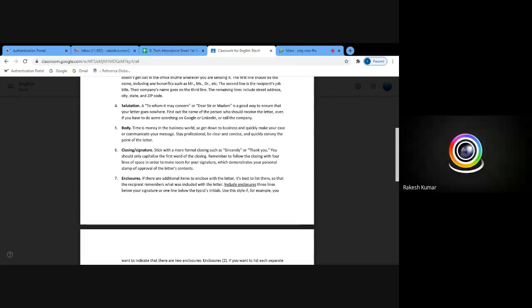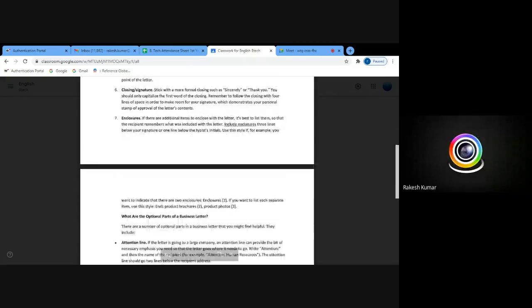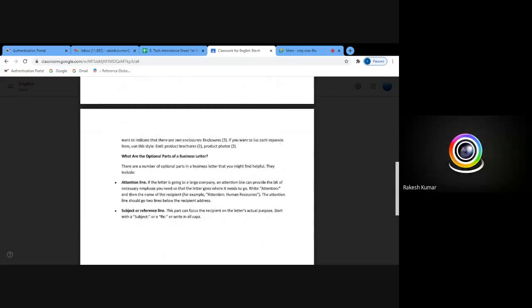Now, a very important part that comes is called enclosures. Enclosure means you are sending something along with the letter. So you write ENCL and you write what you are including. It could be a bill, a brochure, a resume or a CV, or product photos.